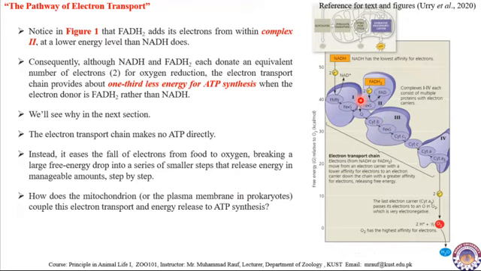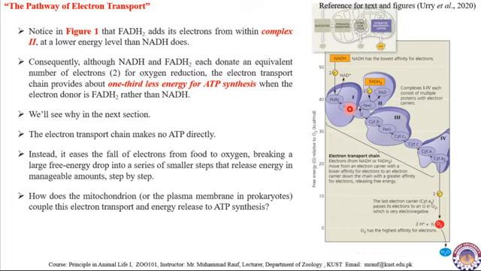So this process can also occur to a certain extent in prokaryotes, but it is not as efficient as when it occurs in mitochondria, because mitochondria is the suitable destination for this process because of the availability of all the enzymes.